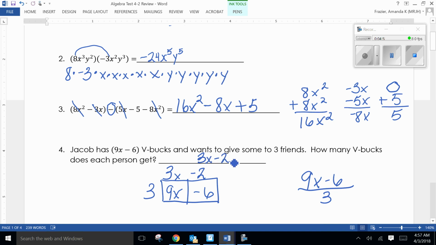So how did I know to just use one row while I only had a binomial divided by a monomial? So that tells me how many rows to use since I'm dividing by a monomial. I'm only going to have one row, and then I have two columns because it's a binomial.